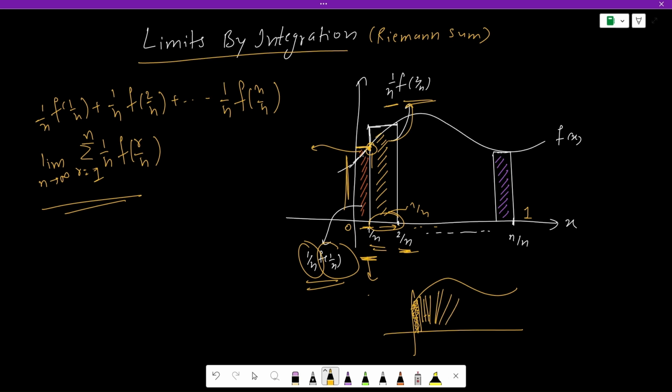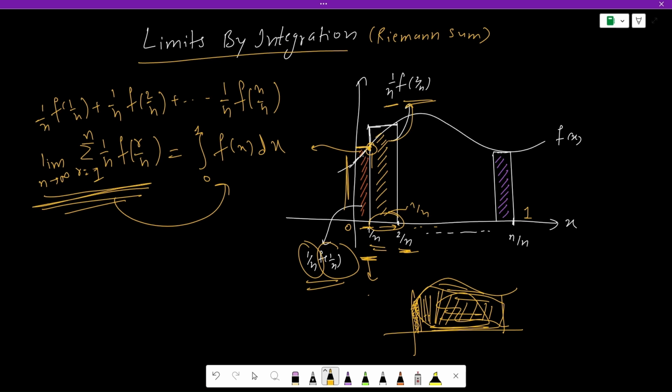Finally, we take the area under the curve for this complete curve, this whole area. So this area is the integration from 0 to 1 of f(x) dx, right? So we converted this summation with the limit to this integration.